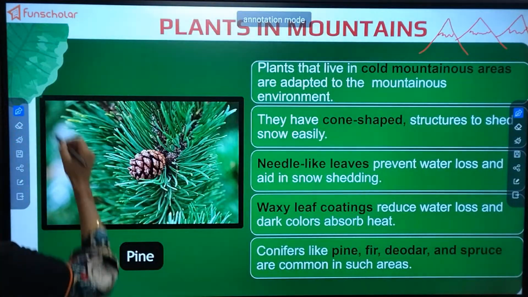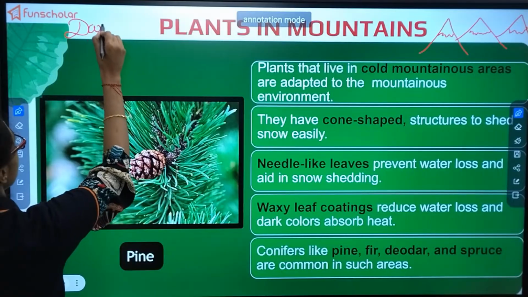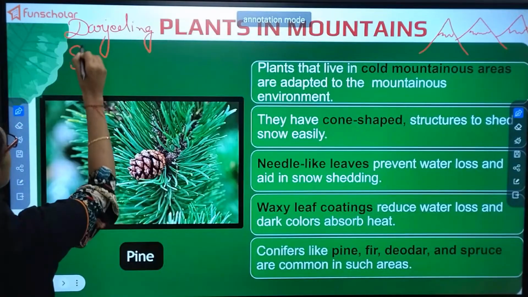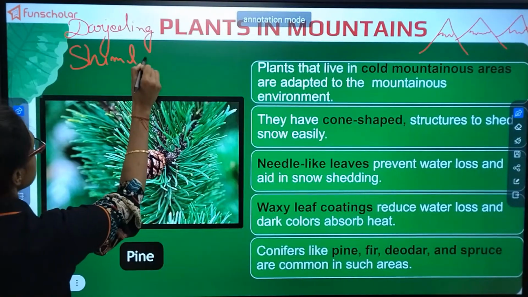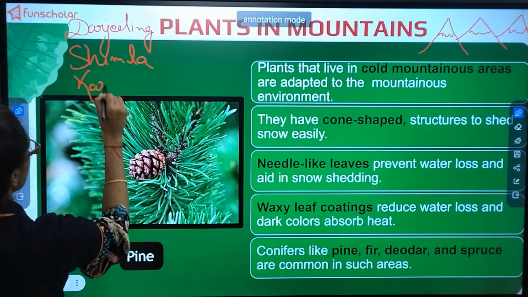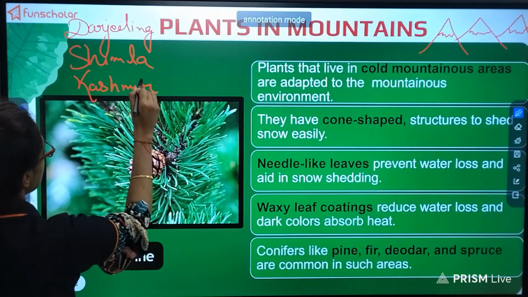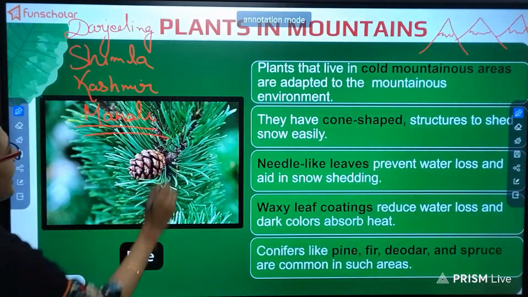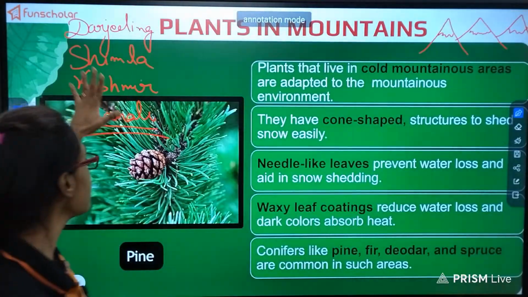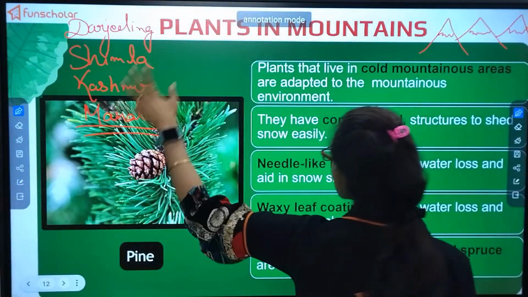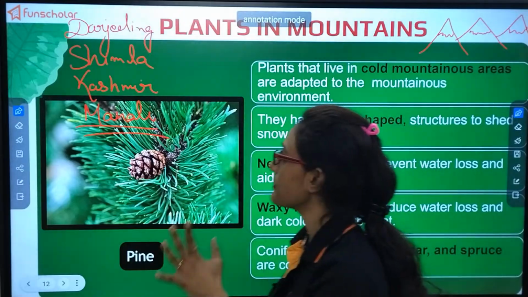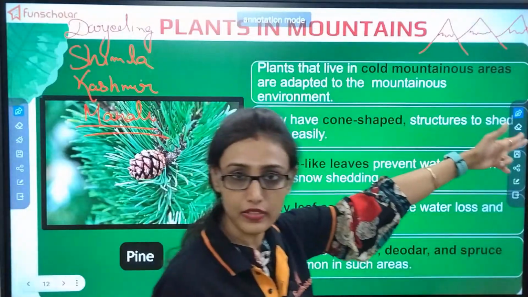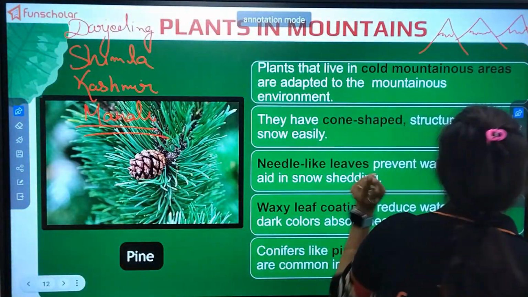Often you have heard about the place Darjeeling or might have visited Shimla, Kashmir, Manali, right? I think most of you have heard these names: Darjeeling, Shimla, Kashmir, Manali, etc. So they have this mountain, or they are mountainous regions.